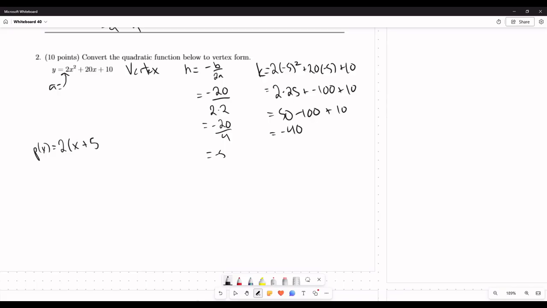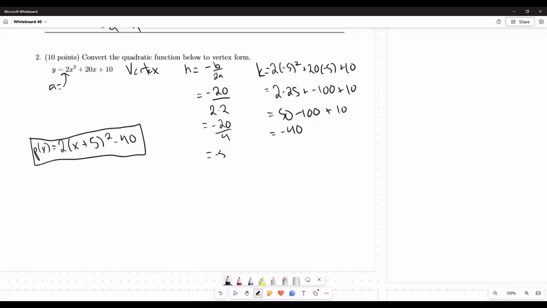That's the same as plus 5. And then we subtract 40. And that seems to make sense. If I do this, that turns into x squared plus 10x plus 25, so 2x squared plus 20x plus 50, and I subtract 40, so that all works out. So that's my answer.